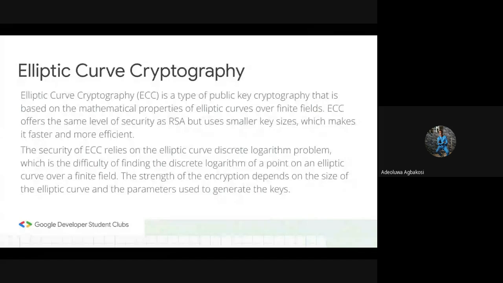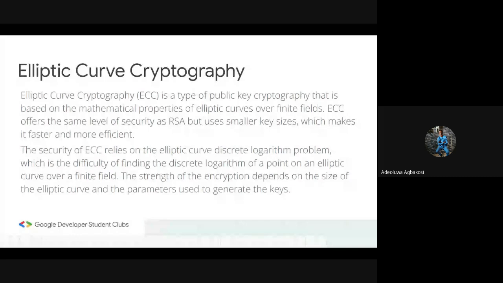Okay. Now, from RSA and elliptic curve cryptography, we can find a pattern in most modern asymmetric key cryptography algorithms.